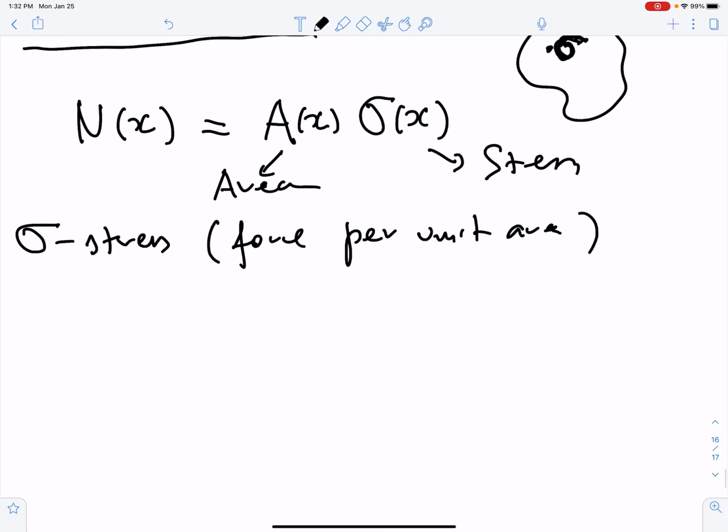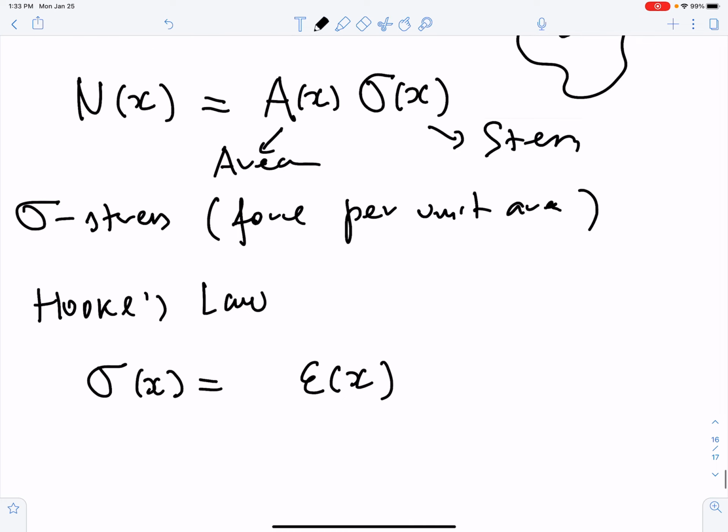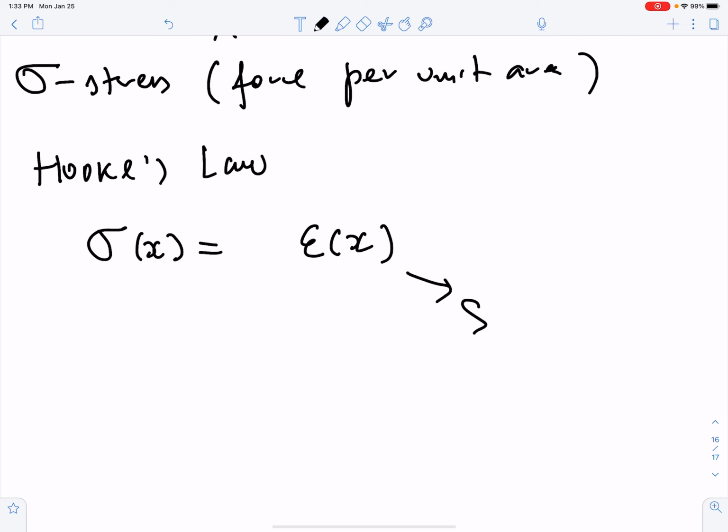And then you go back and you invoke what you know from 310, a relationship called Hooke's law, where you say I'm going to have my stress as a function of x be proportional to the strain as a function of x. This is strain.